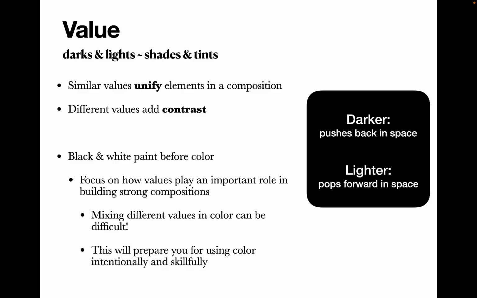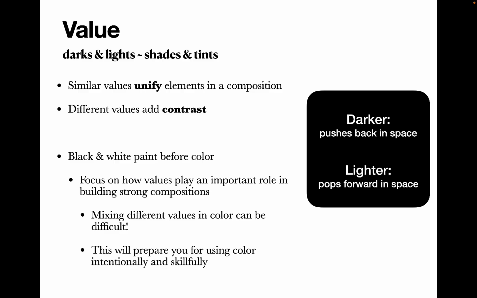We're beginning with just black and white paint before we add color so we can really focus on values and how they play such an important role in strong compositions. So once you start adding in color and trying to mix different values in color, it can be really difficult because a dark yellow is going to look really different than a dark red or a dark blue.